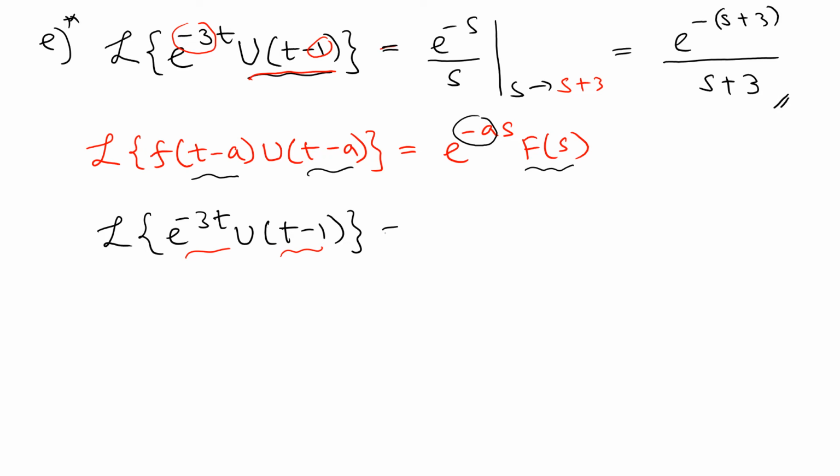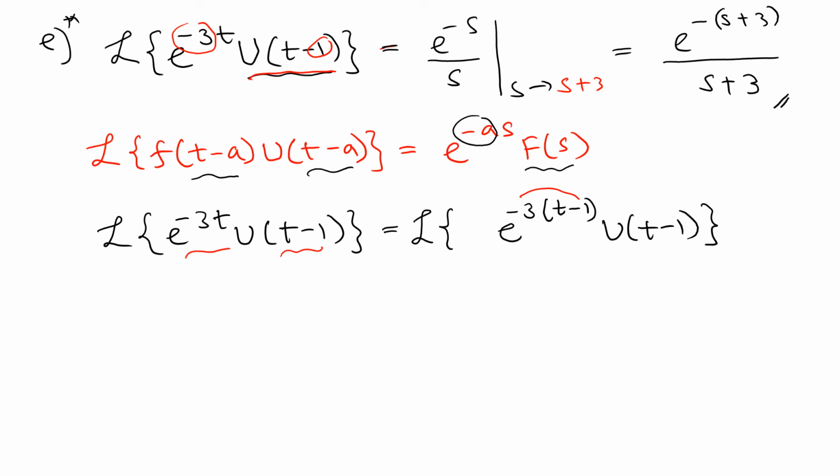We leave some space in front, and then rewrite e to the minus 3, and what we want is t minus 1, and then u(t minus 1). But when you do that, there's a problem. You multiply these two numbers, and that creates a 3.